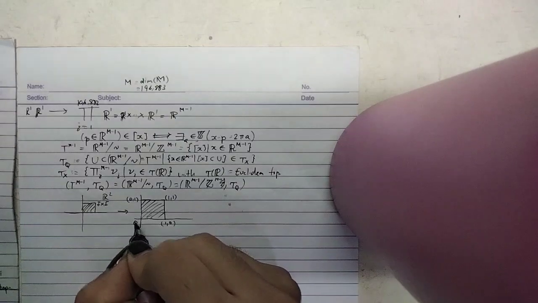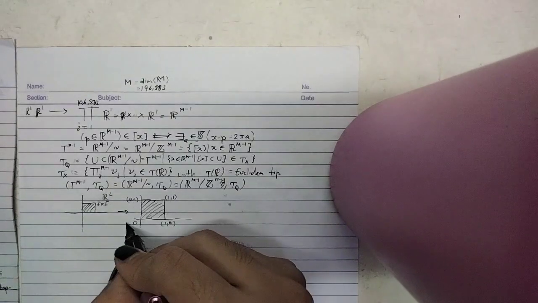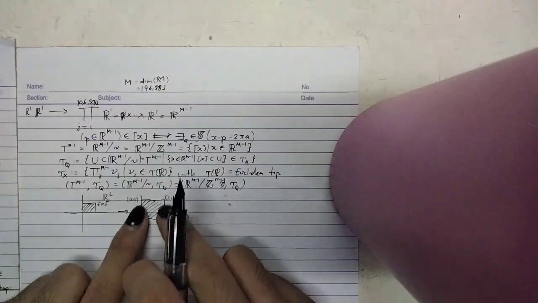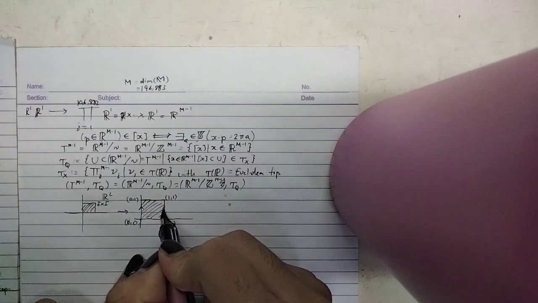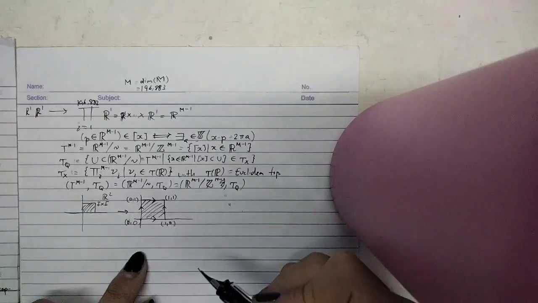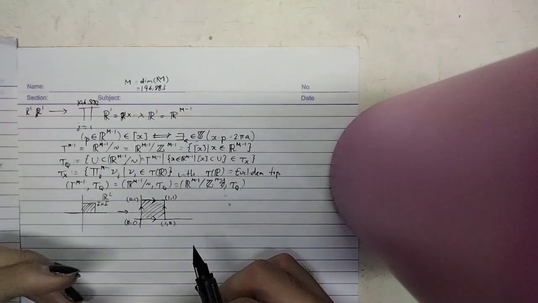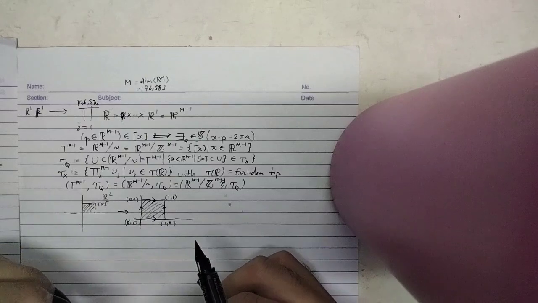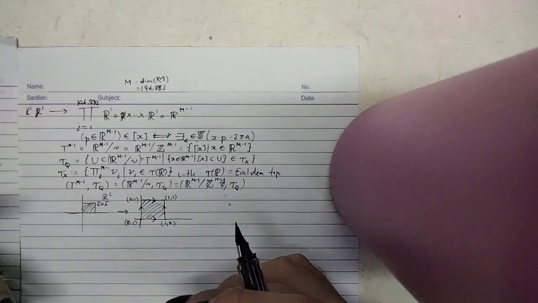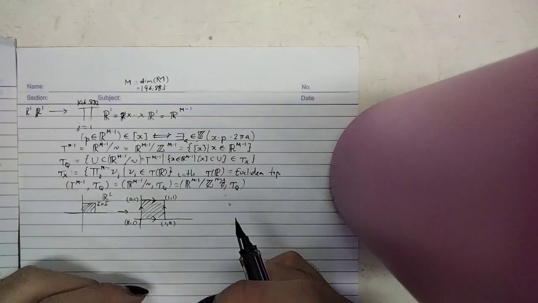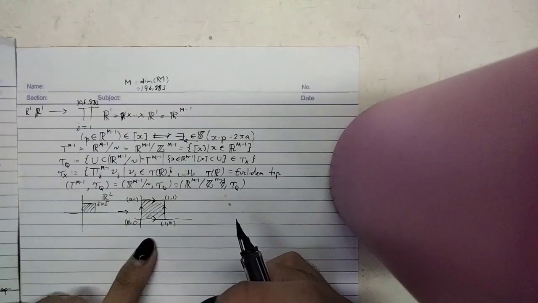Of course, this is 0, the origin. Okay, so what we're going to do is identify these 2 edges and these 2 edges. And this is in fact the geometrical construction of a torus in 3 dimensions.